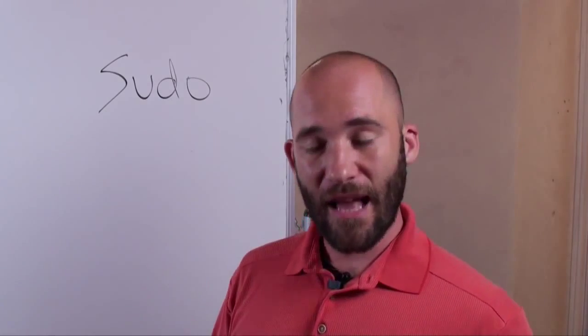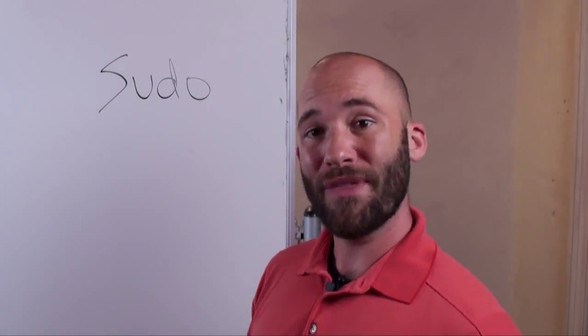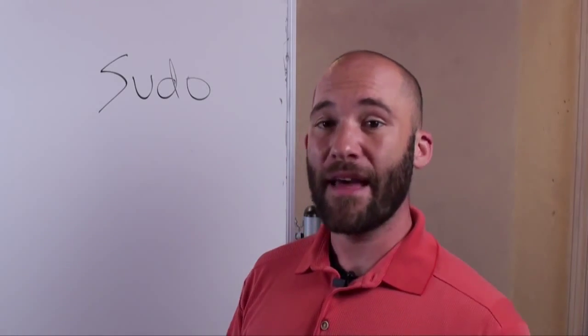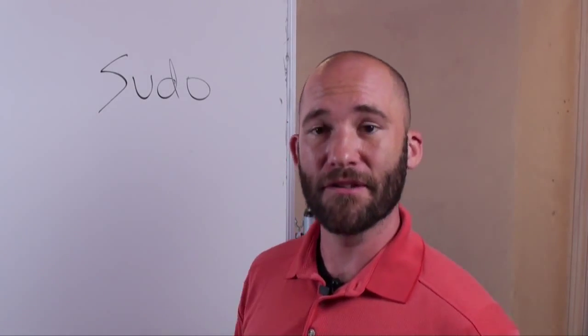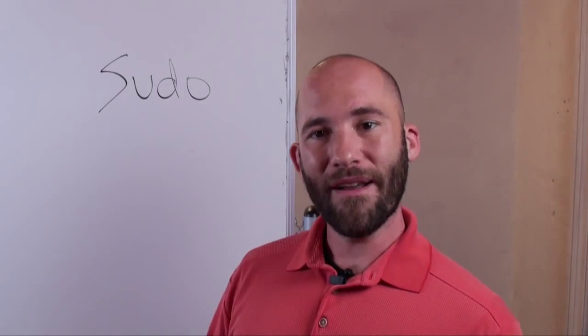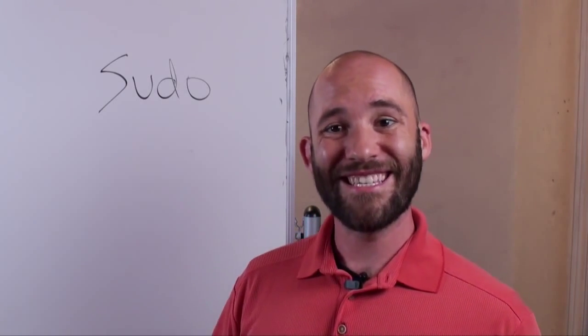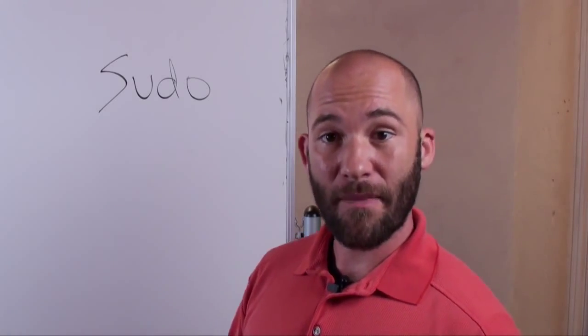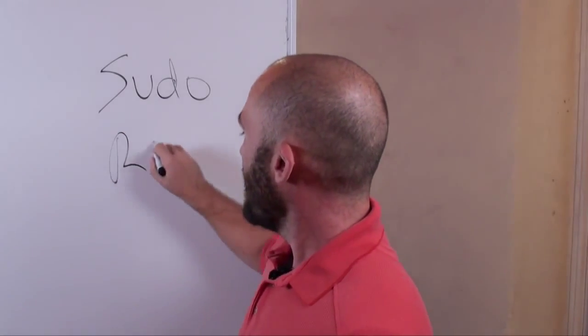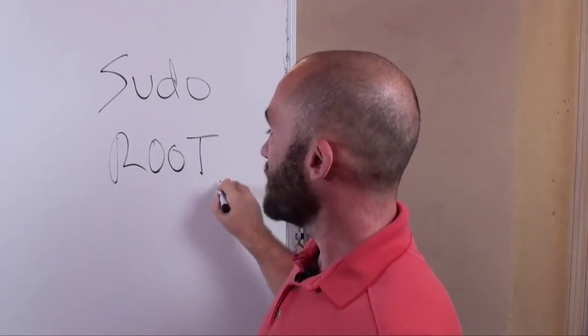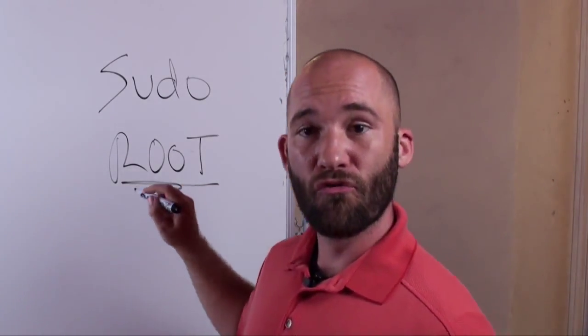In the previous classes, I talked about how different distributions of Linux do things slightly differently, and that every single distribution of Linux has its own quirks, its own little ways of doing things, depending on what the creators were worried about. Well, one of the things that the creators of Ubuntu were worried about was security. As we talked about before, in all Linux computers, there is a user called root.